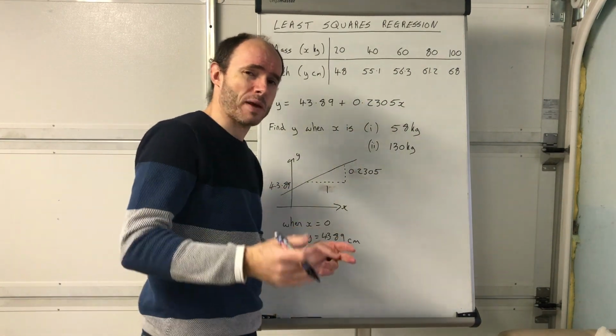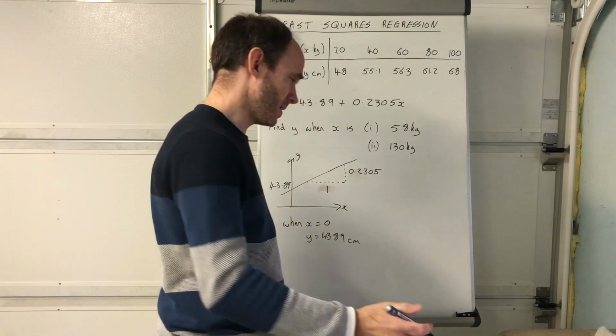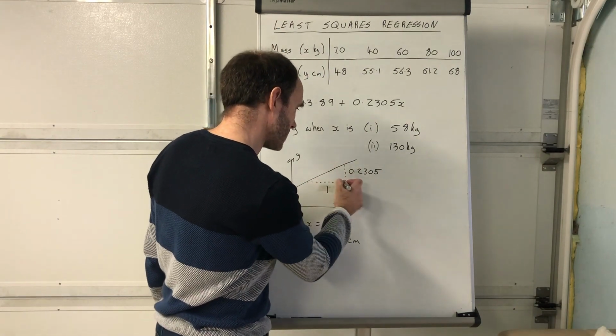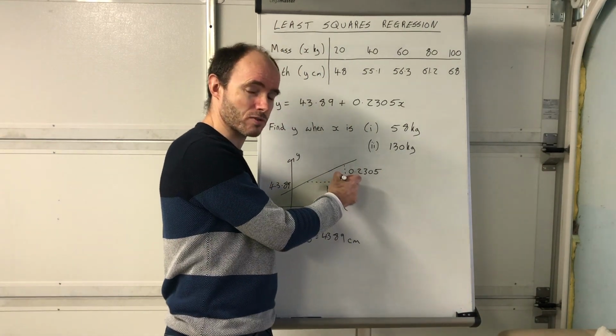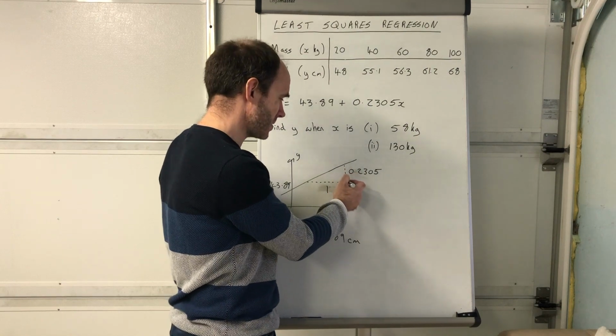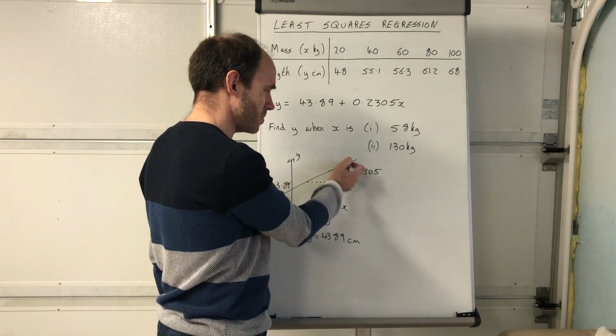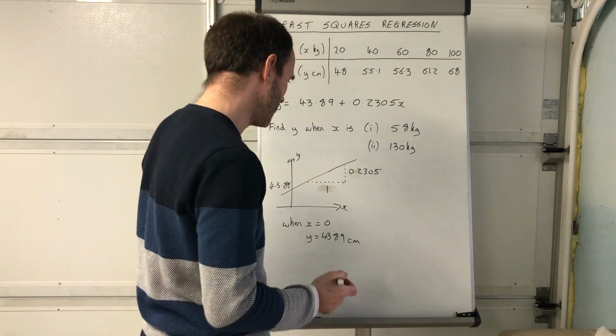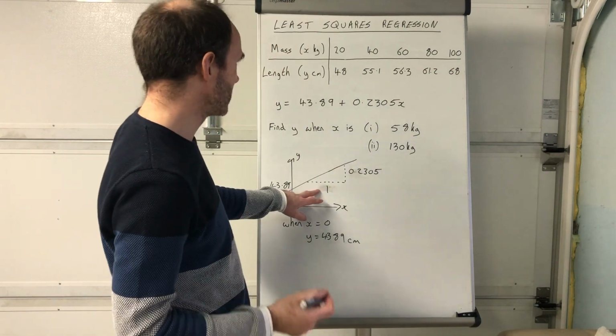So that's what I meant in my very first video when I said that you look at each unit along the horizontal direction on the independent axis, and then you've got the gradient number of units vertically. So the way you interpret this is as follows.